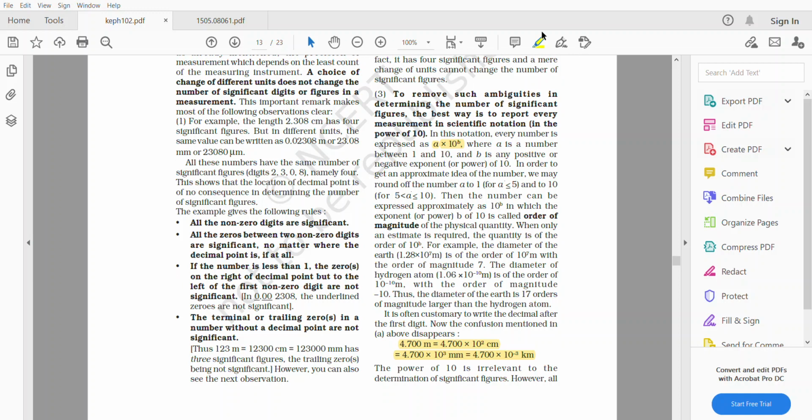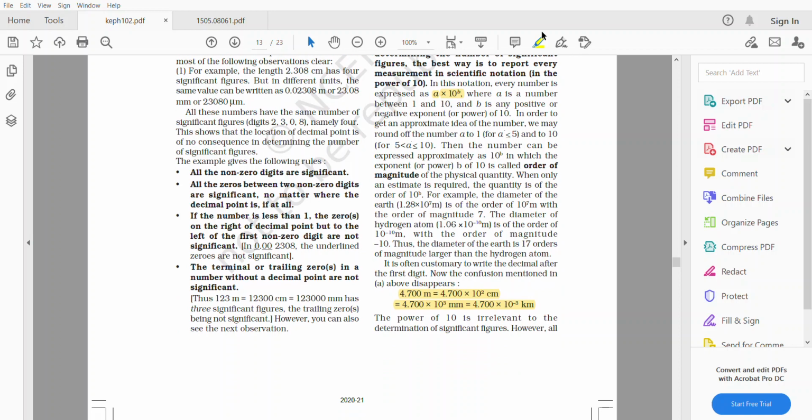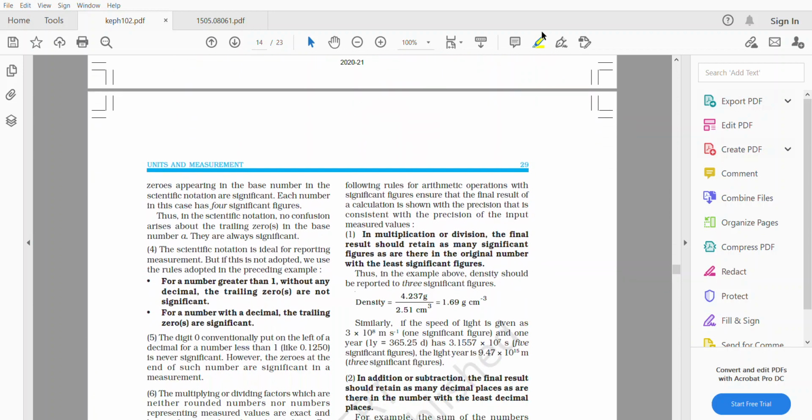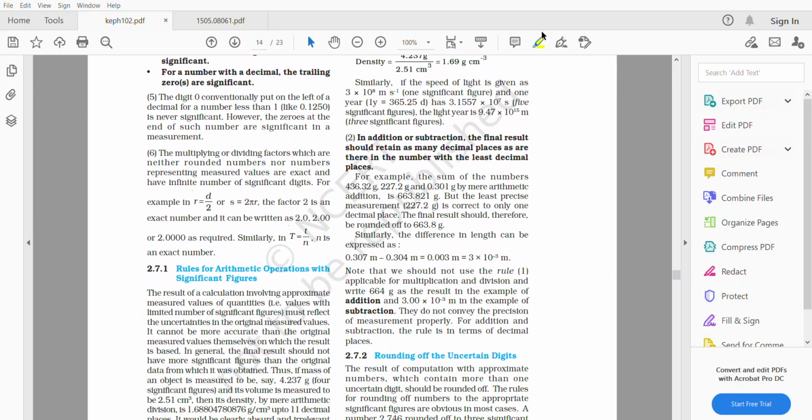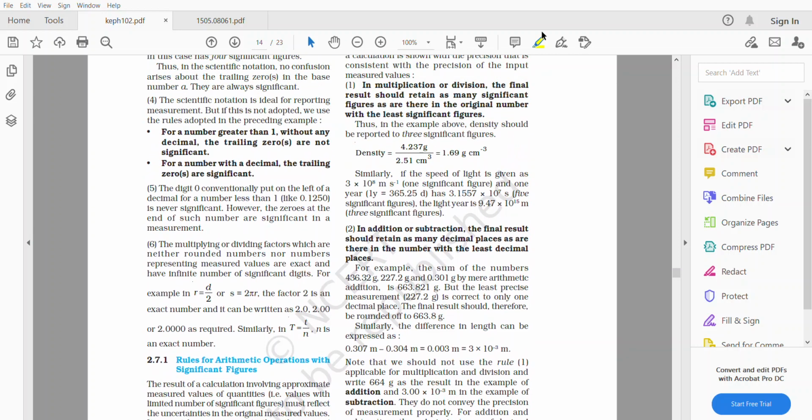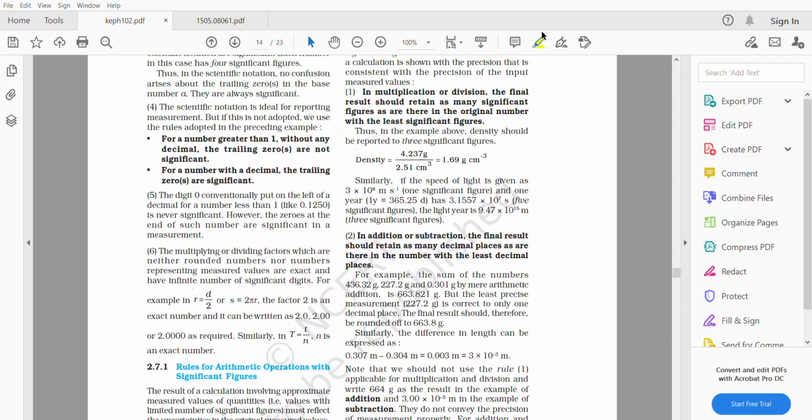And now the change in significant digits while we are doing arithmetic operations. There are two main important points. First, in multiplication and division, we should count the significant digits of each measurement, and in the final answer, the number of significant digits should be the same as that of the original number which has the least.